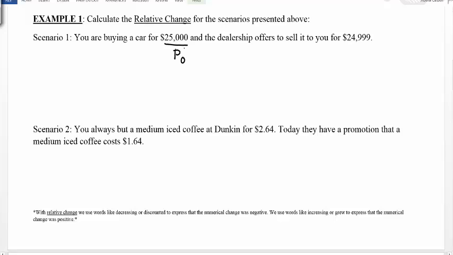So in this case, that's our P sub 0, the original price. $24,999 is our new price that we're going to be getting if we decide to buy this car. So to find the relative change, we need to use the formula P sub 1 minus P sub 0 divided by P sub 0.